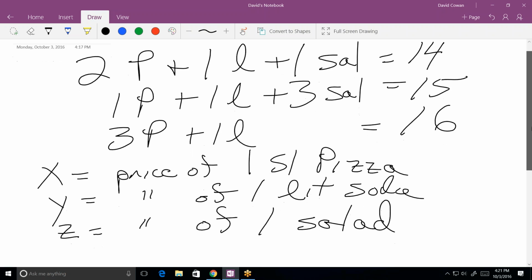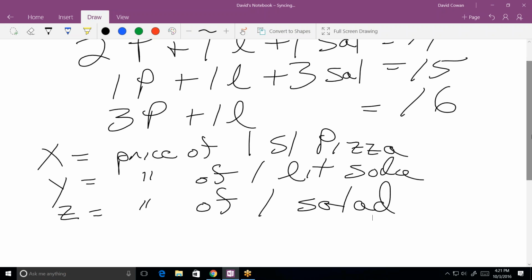Okay. Here's my system of equations. What is it going to be? In other words, I've written it, except I've written it without the variables that we chose. Oh, okay. Well, the first one would probably be 2x plus y plus z equals 14, right?